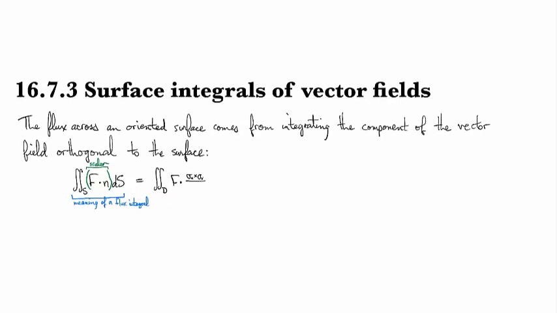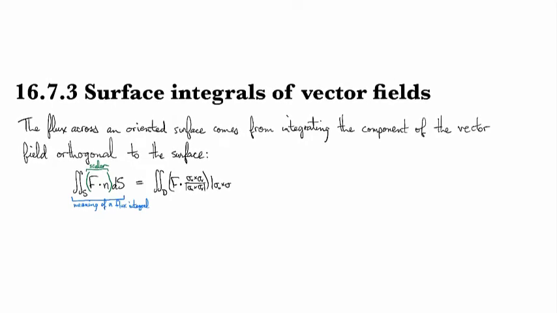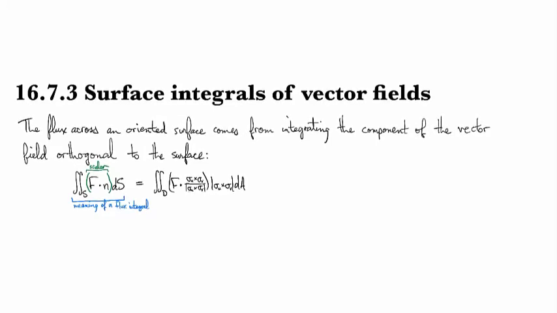That'll be orthogonal to the surface. And then we have to divide by its magnitude in order to get something that's of unit length, right? And then this is going to be multiplied by dS, which is the magnitude of sigma u cross sigma v dA. And just like we've seen before, Shazam, we get cancellation.